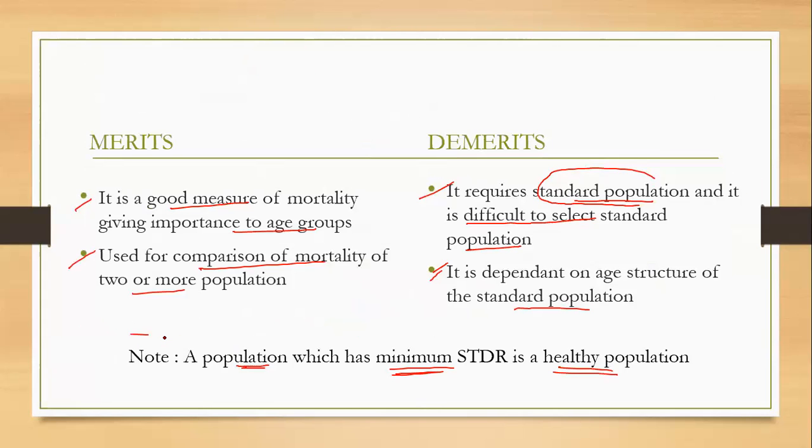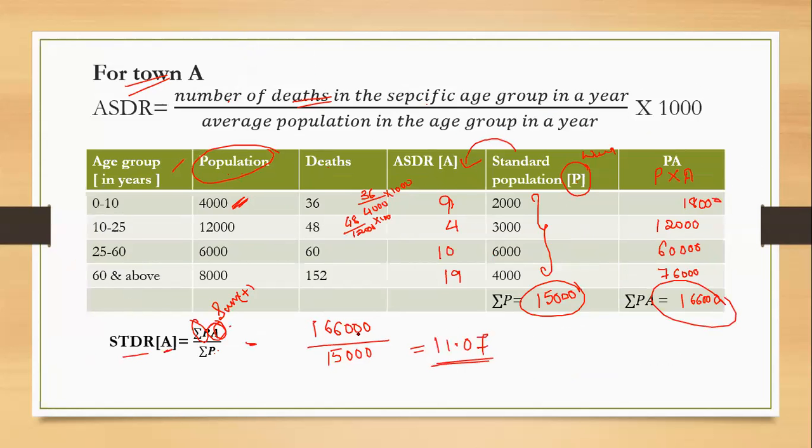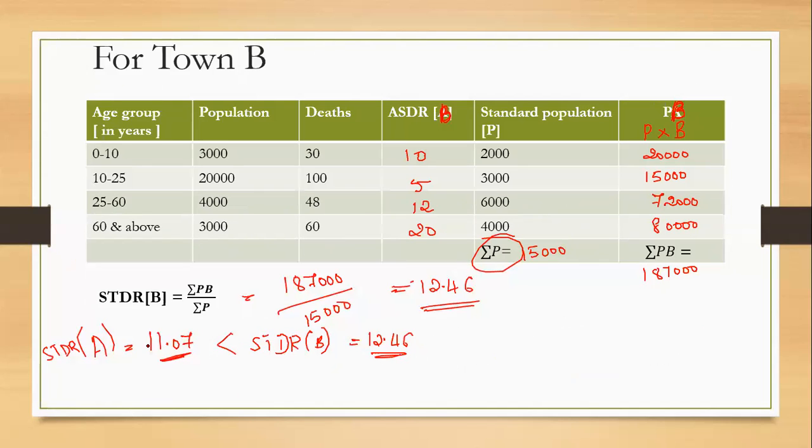Note what I said: the population which has the minimum STDR, minimum meaning less. So in this problem, when you make the comparison, 11.07 is lesser than 12.46. What is your conclusion? Which town is healthier, students? Yes, town A is healthier.